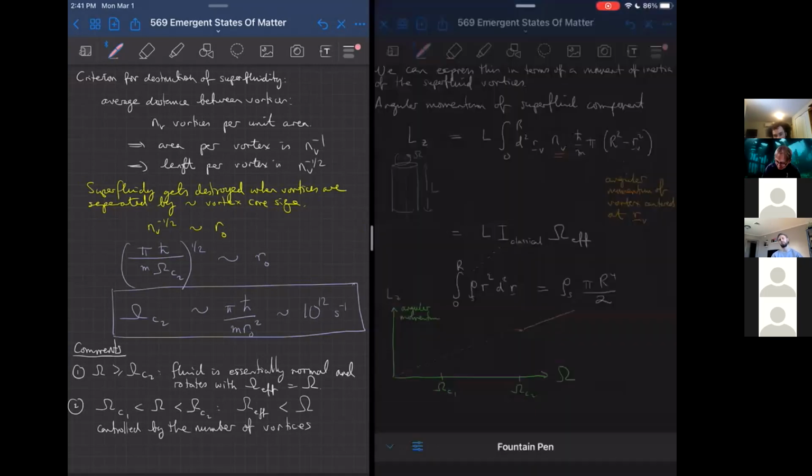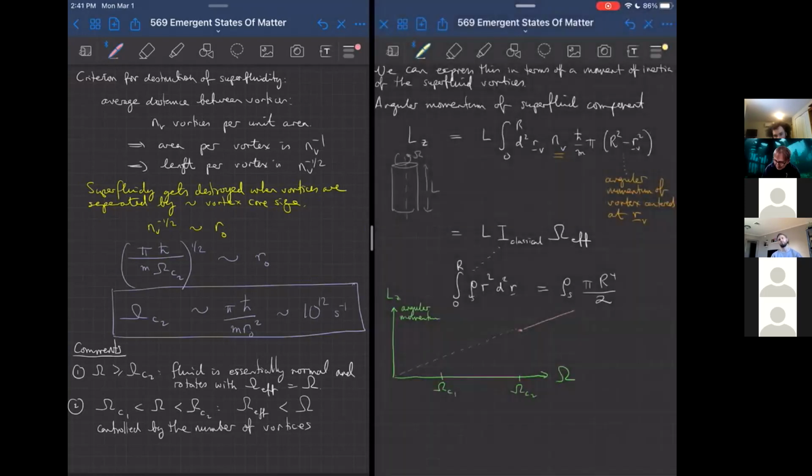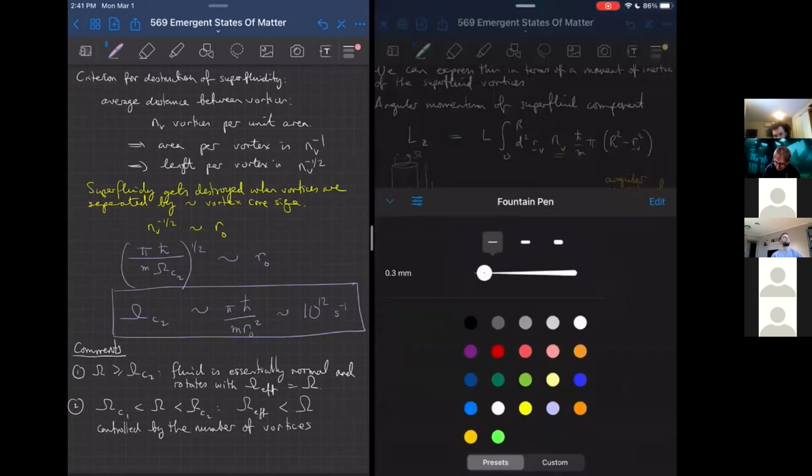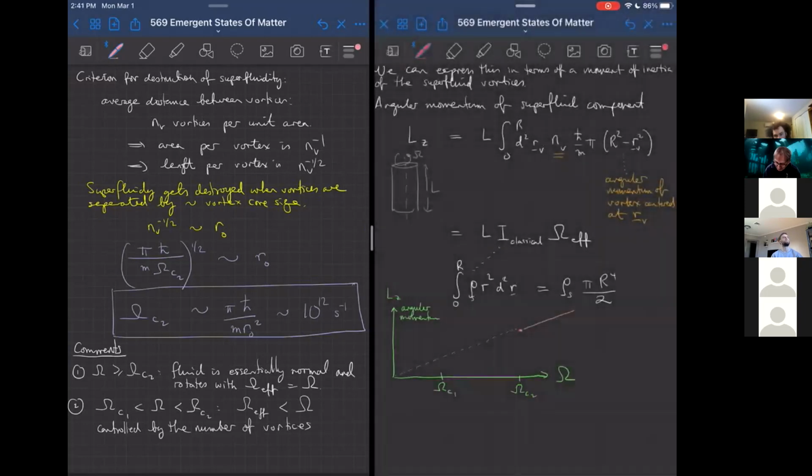And then we also know that below, let's use a different color so we can actually see it more clearly, below omega critical 1, there is actually no rotation whatsoever, and then in between it has to sort of come up gradually like that. And so the fluid rotates not quite the same as if it were normal, but at least rotating with some effective moment of inertia.